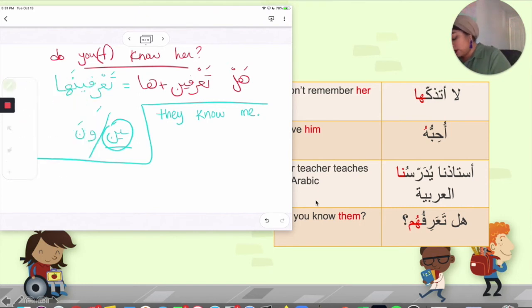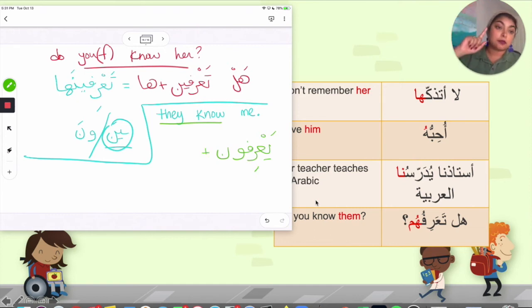What does they know? It's a plural, so it's the verb يعرف, but it's plural. So we have the verb يعرفون, right? And then we want to attach me, and it's an object pronoun. We're attaching it to the end of a verb. That means we have to attach noon and a ya.